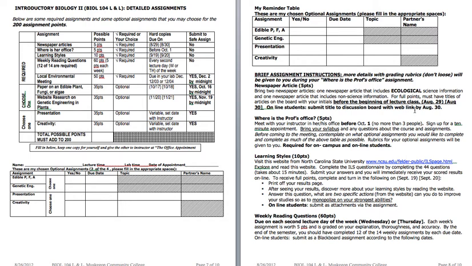So for full points, you have to have titles of the articles on the board with your initials before the beginning of lecture on August 30th. And you will need to submit those to me in class on August 30th, not on the bulletin board. Submit those to me personally.